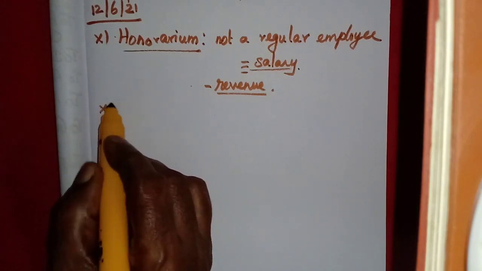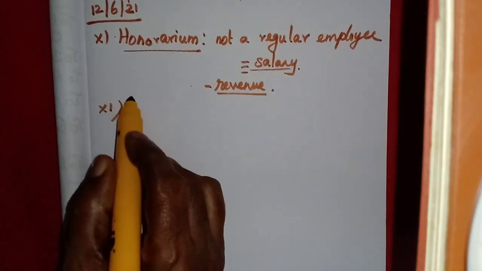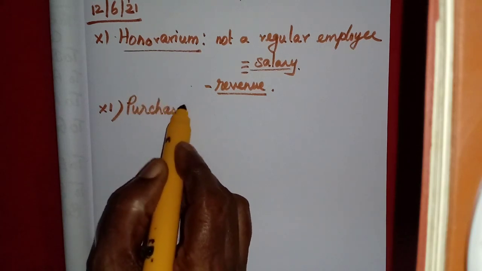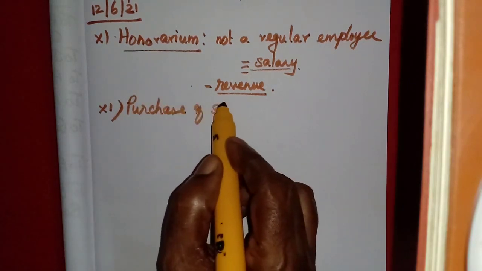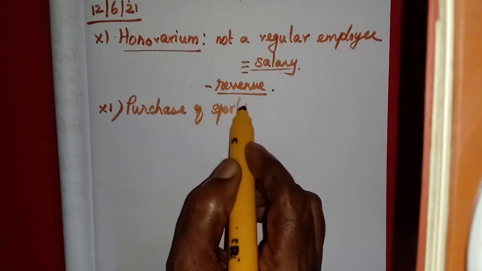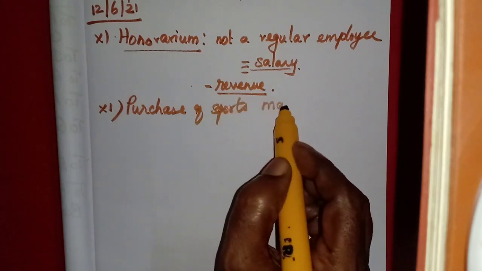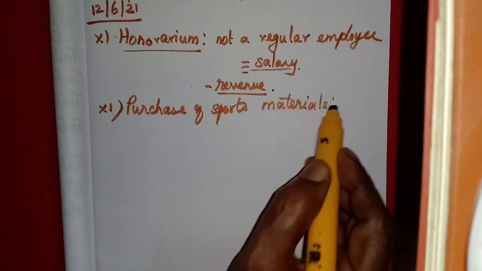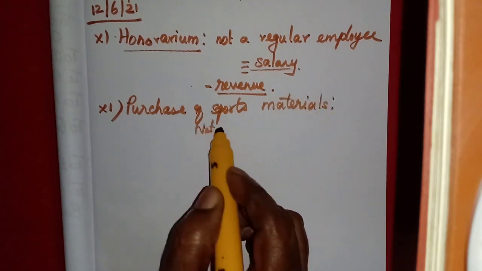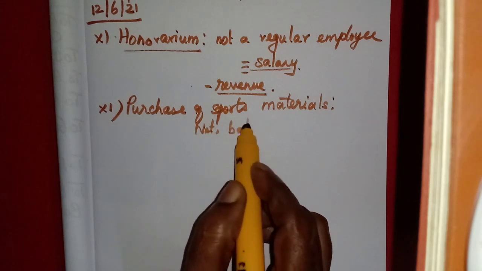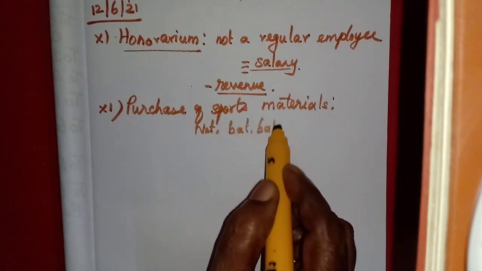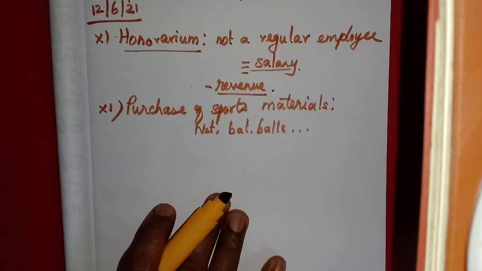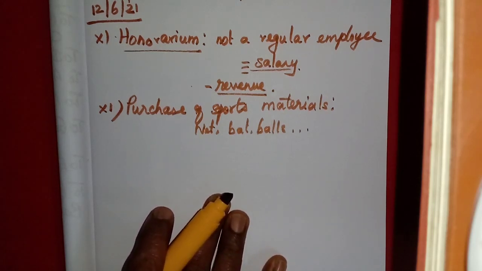Then the 11th one, purchase of sports materials. What are the sports materials? Sports materials, we will say net, bat, balls, isn't it? Some other things are also called sports materials.